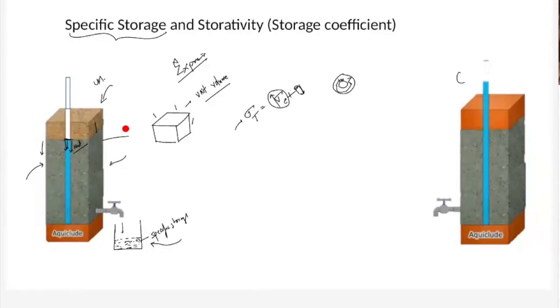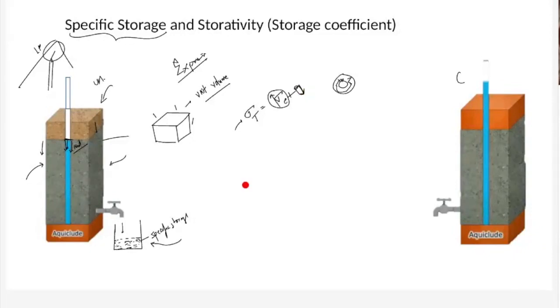Remember, when gas comes up from a volcano, we say that the pressure is decreasing, so the volume expands, right? Same thing when you are decreasing the pore water pressure, then the water will expand a little bit. Yes or no?